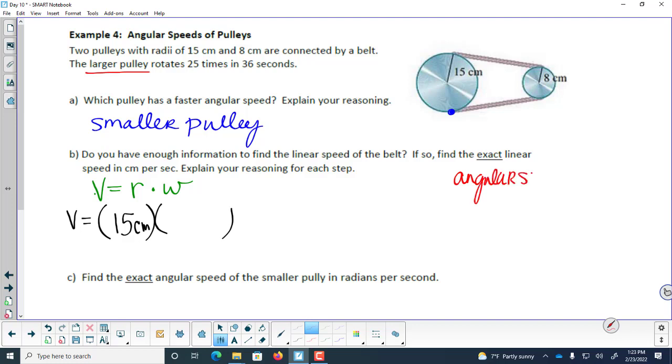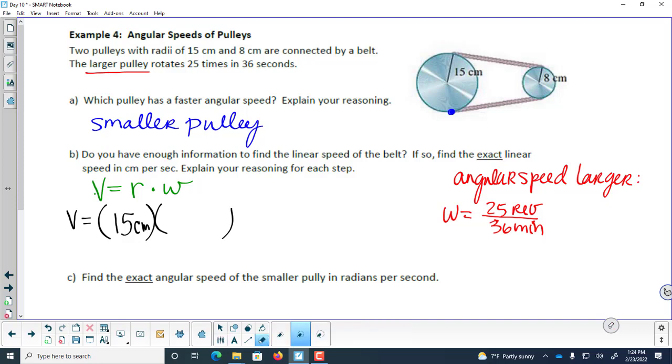Angular speed of larger. What do we know about it? 25 revolutions or rotations in 36 minutes. Seconds. Oh, seconds. It'd be so slow. Seconds.